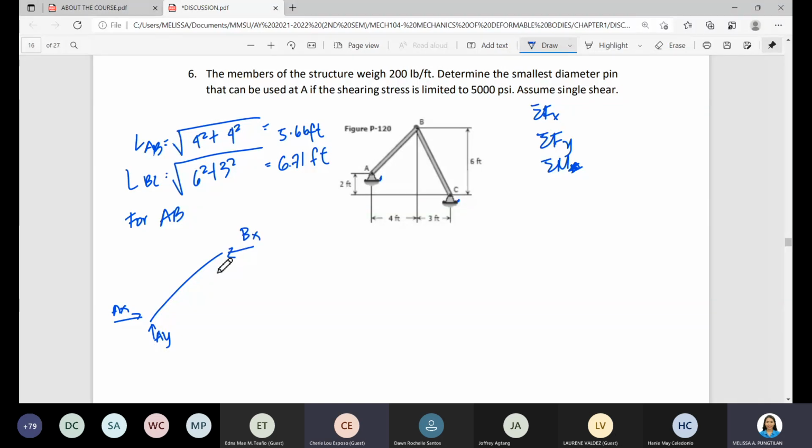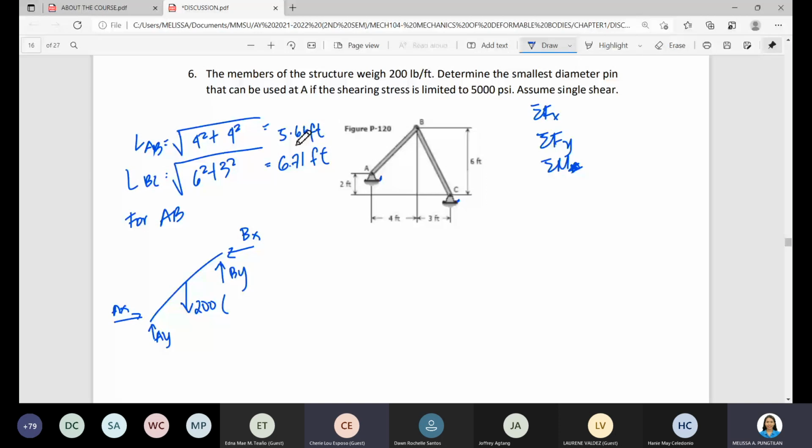So yung ating member AB is 5.66 feet and it weighs 200 pounds per foot. So 200 pounds per foot, meaning 200 pounds kada length, kada foot. So, multiply lang natin siya with the length, 5.66. So, this is equal to 1,132 pounds.